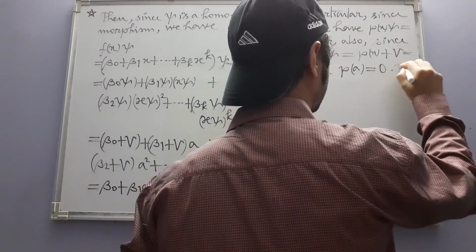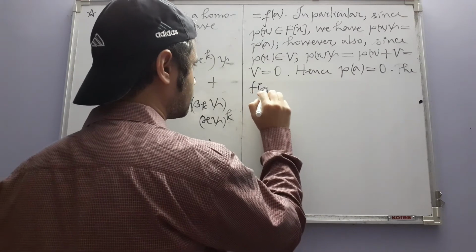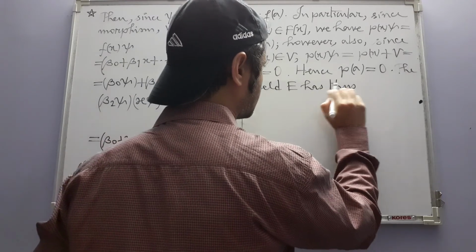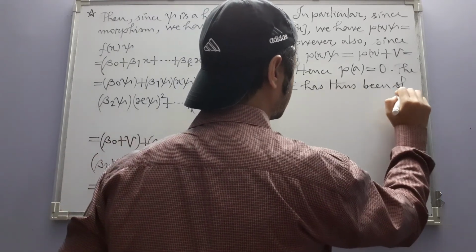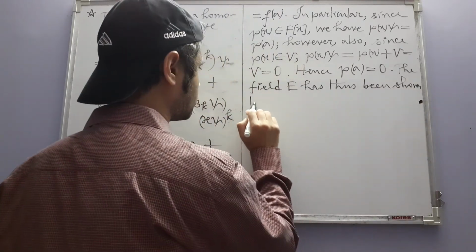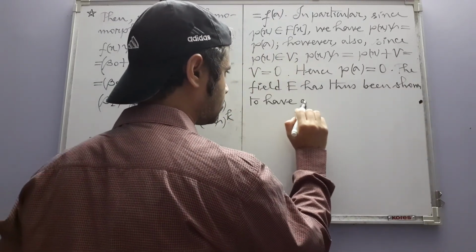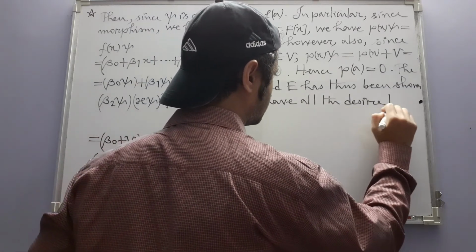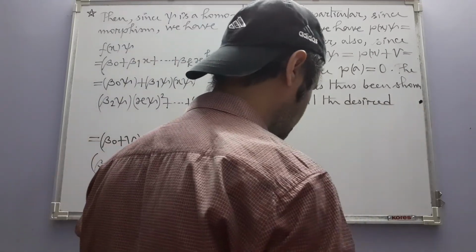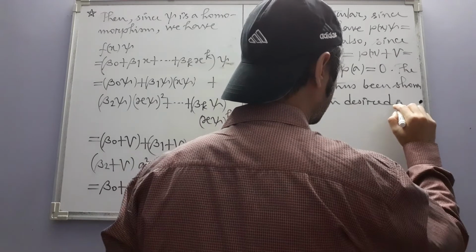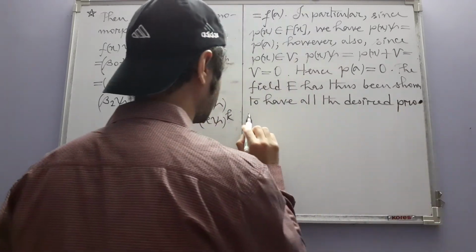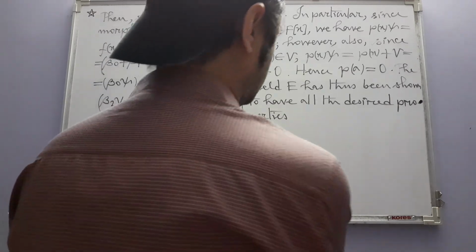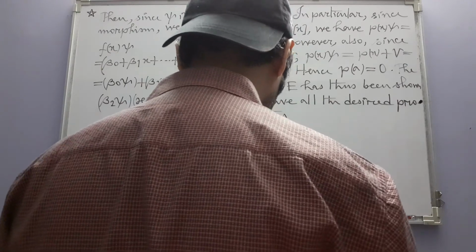The field E has thus been shown to have all the desired, or required, same thing, properties that we were seeking in the theorem.